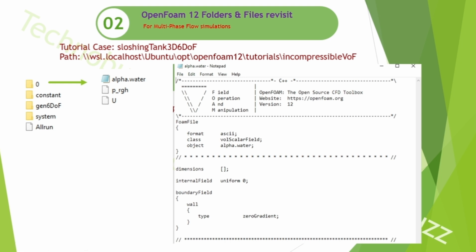Alpha.water. This file contains the phase volume fraction. When we solve for two phases, water and air, equation for the phase volume fraction of water only will be solved. Hence, in this case, phase fraction of water is specified in this file.